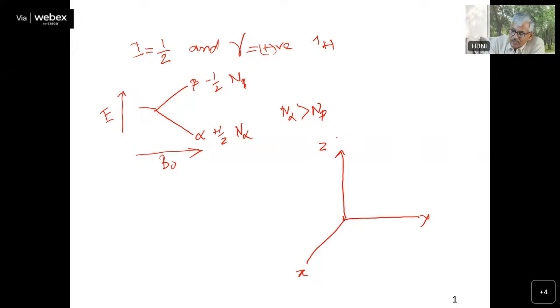Okay, and now I'm putting the external magnetic field around the Z axis. And now I will draw the axis. So these are our individual magnetic moments.